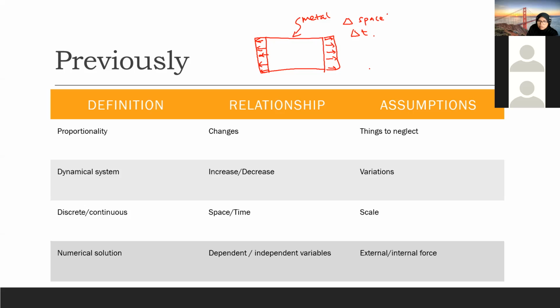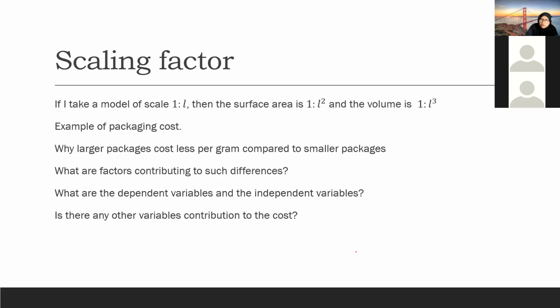And we talk about the yeast and also the disease and so on. So assumption for this one, in most cases, external or internal force we ignore, because that is going to disturb our solution. Remember, initially ignore, then after that you can consider when you have established your formula and so on.